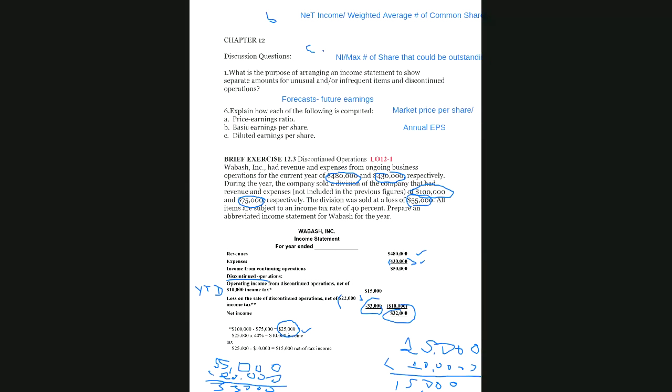Okay, question. This is the key, one of those pivotal points. We're going to bring home the whole study of this revised income statement. If you were a potential creditor or an investor of this corporation, which of the income figures would you be most interested in? Would you be interested in this $50,000 net income from continuing operations, or would you be interested in the $32,000 net income from the total operations of this business for this particular year?